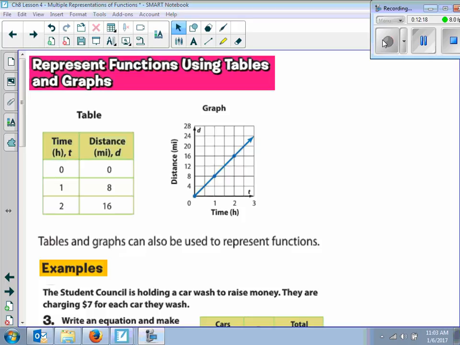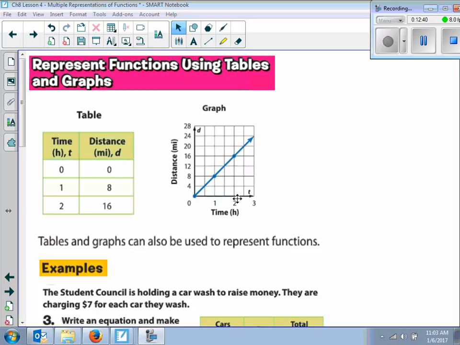All right, so now we want to represent functions using tables and graphs. Now, we've already seen them in a function table, and we've already seen a function in a graph. So again, this is just a continuing review, right? So, you guys, this is what the function table looks like, and this is what the graph looks like.